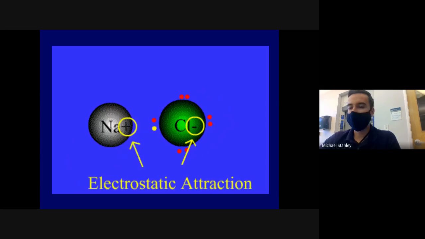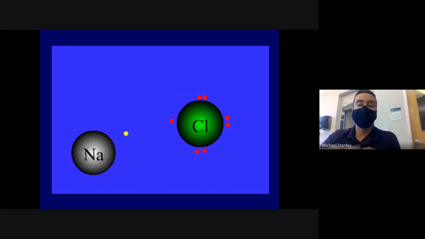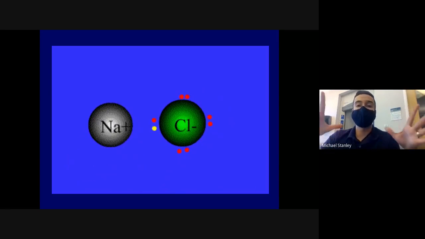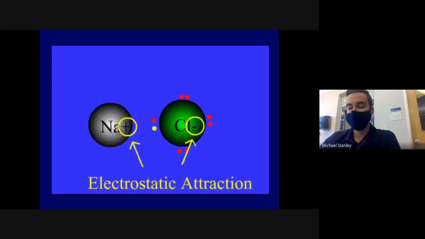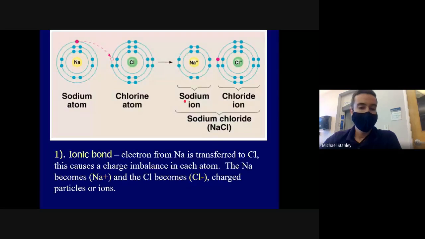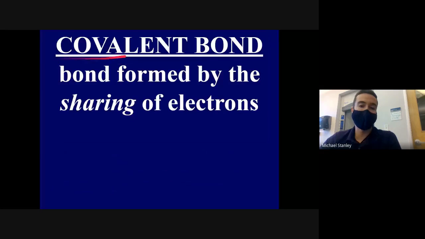All right, thanks, Leah. So that is an ionic bond where one atom gives away the electron and the other atom takes the electron. The other version of bonding that we can have is covalent bonding. And the reason why it's called a covalent bond is that we're sharing valence shell electrons.